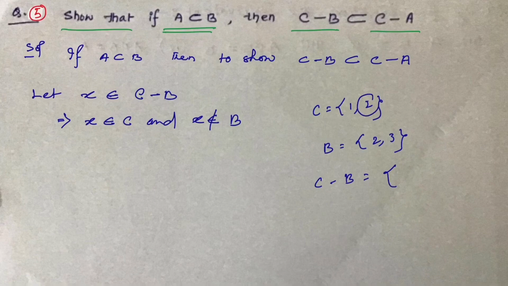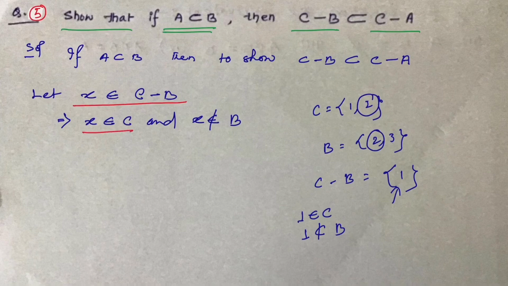So this common element should be eliminated from C. Okay, we will get 1. Yes, so now the element left here, that is 1, belongs to C but 1 doesn't belong to B. So that's why if x belongs to C minus B, then x belongs to C but x doesn't belong to B.